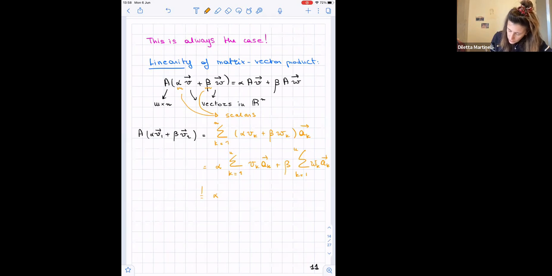So by definition, this is alpha times the matrix A applied to the vector v, plus beta times the matrix A applied to the vector w. So we proved it in general. We had verified it in an exercise, but now we proved that there is this linearity in the multiplication of a matrix and a vector.